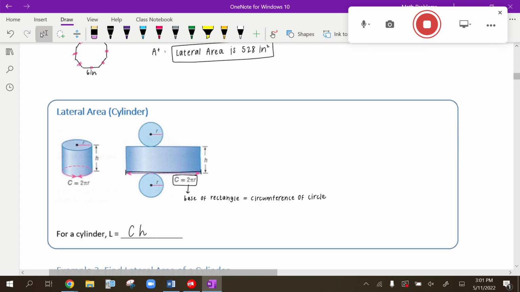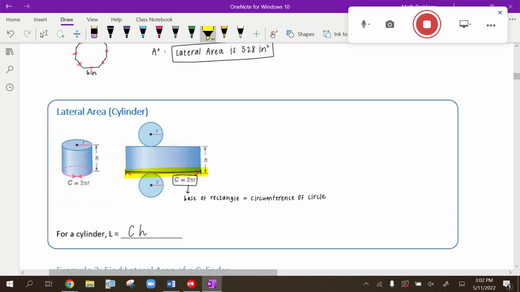Next, let's talk about finding the lateral area of a cylinder. This goes back to the soup can example that we talked about earlier. In order to find the lateral area of a cylinder, it's really similar. You could unfold this lateral face along this lateral edge, and you would get a rectangle. We know that to find the area of a rectangle, we do base times height.